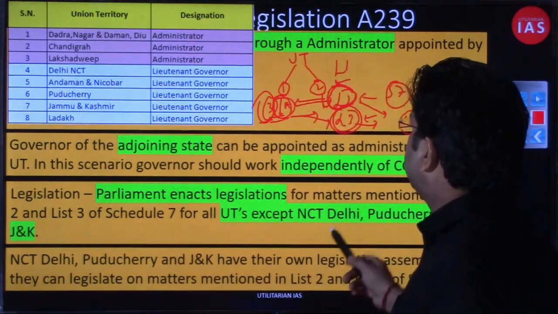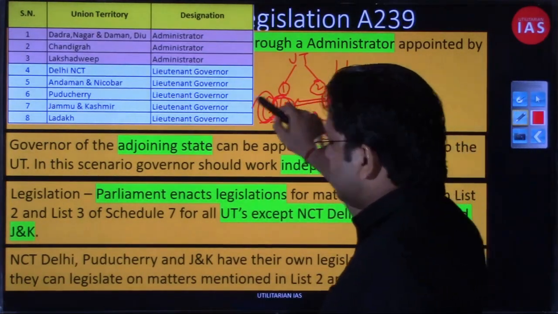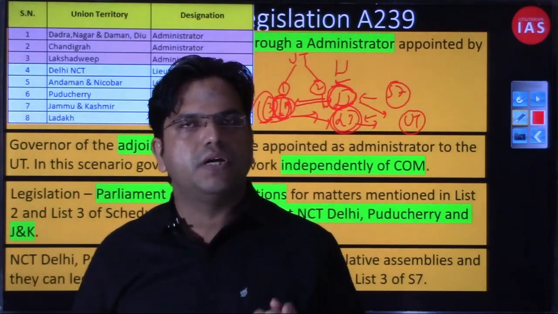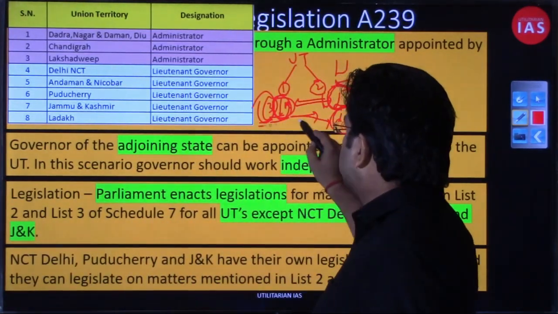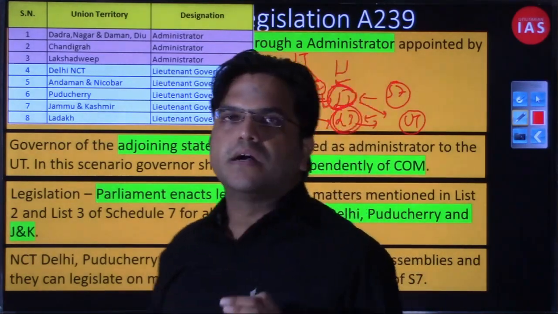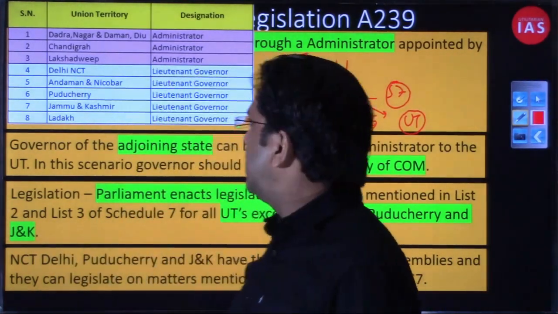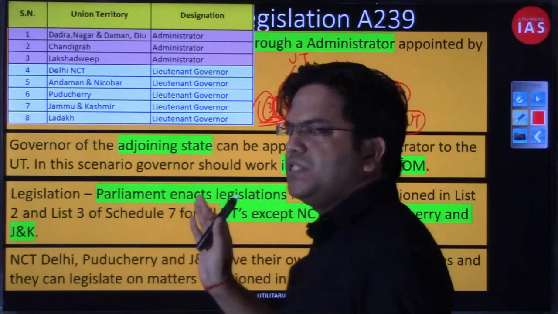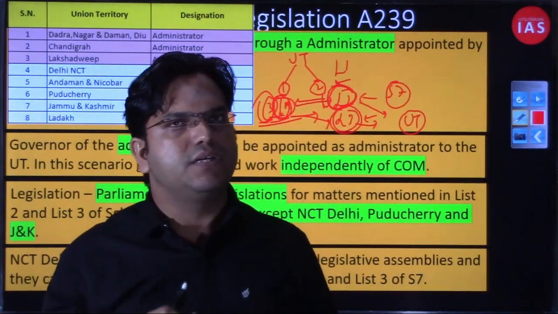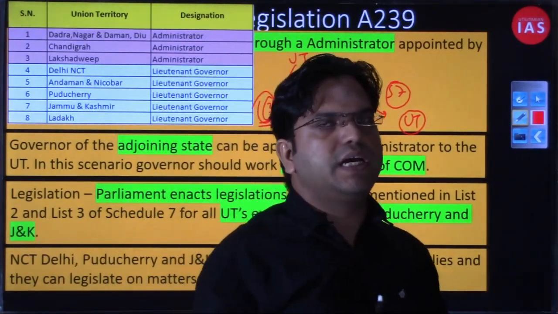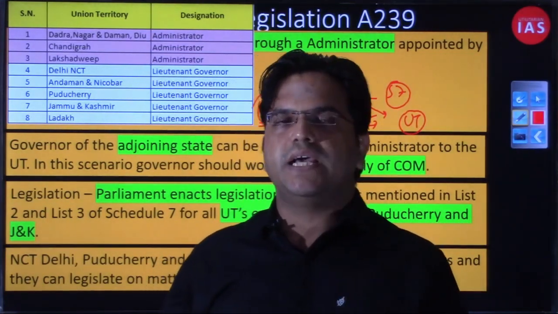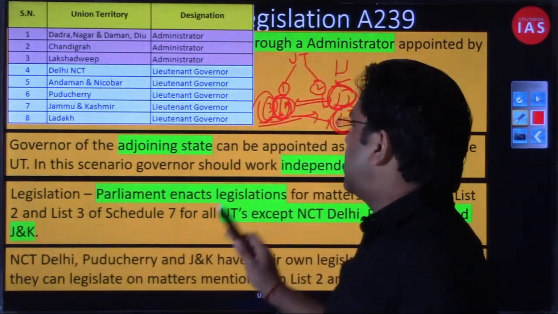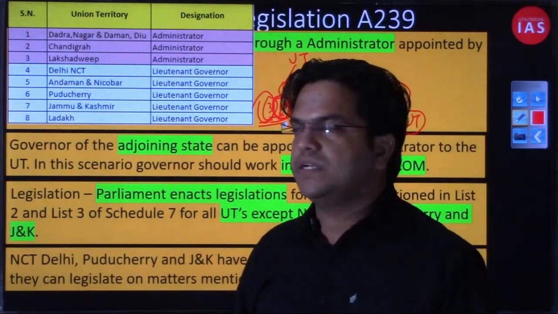The difference here is that yes, these 3 assemblies have been given a degree of autonomy, but this does not reduce the control of Parliament. Even if these assemblies, that is Puducherry, Jammu and Kashmir and NCT of Delhi, have been empowered to enact and pass laws, Parliament will have ultimate control.